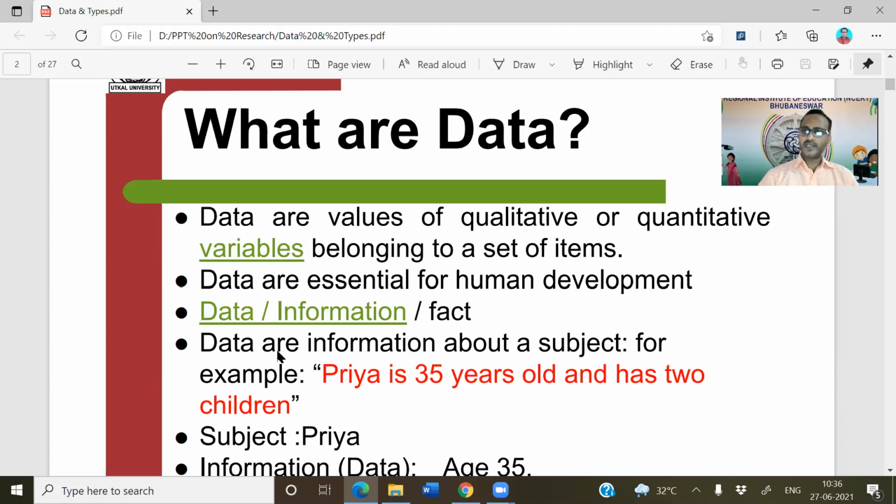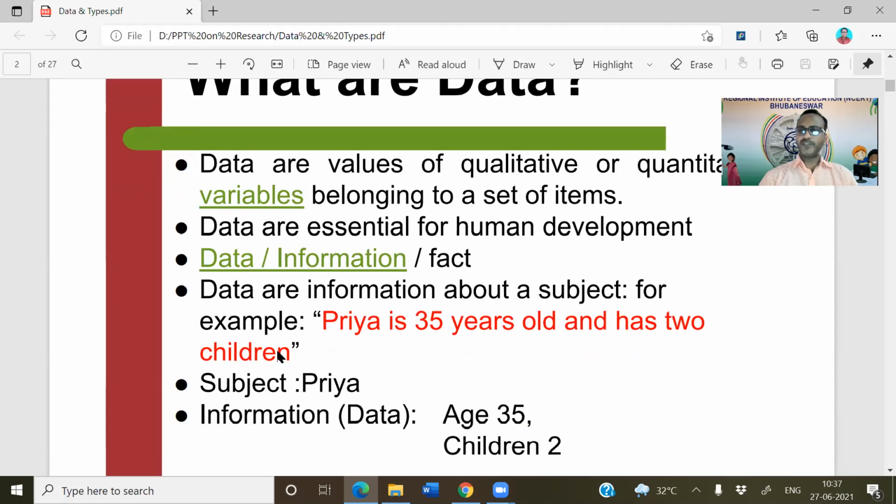Three terms are associated with data. Sometimes we say data, sometimes we say information, sometimes we say facts. So we can make a distinction among these three terms: data, information, and facts. Let's see what is data. Data are information about a subject.